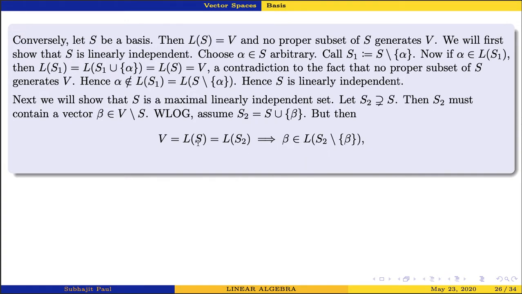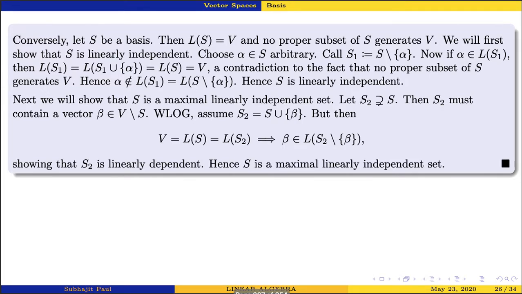So beta belongs to the linear span of S2 minus beta, showing that S2 is linearly dependent. So hence S is a maximal linearly independent set. Therefore we have proved that a maximal linearly independent set is the same as a minimal spanning set, which is what is called a basis.